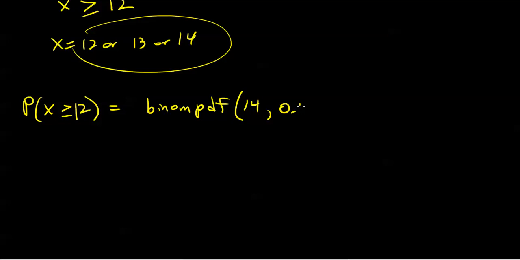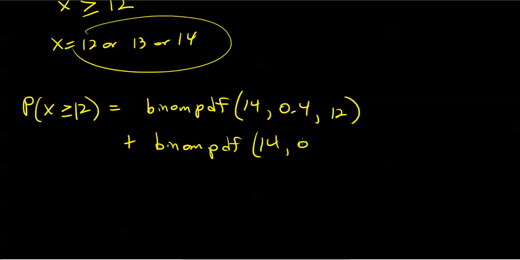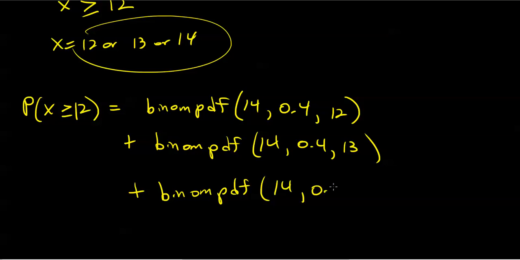The probability of success in any one trial is 0.4, and I'll cite 12 successes plus the probability of 13 successes in those 14 trials plus the probability of 14 successes in those 14 trials.